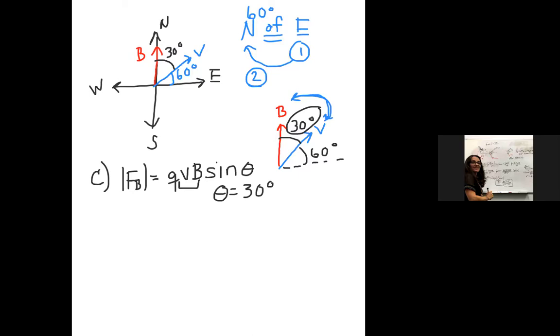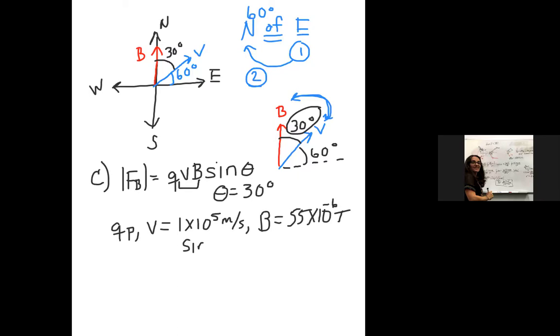And nothing else has changed. It's still the charge of a proton. The velocity is still 1 times 10 to the 5th meters per second. And the B field is still 55 microteslas. Okay. And then sine of 30.